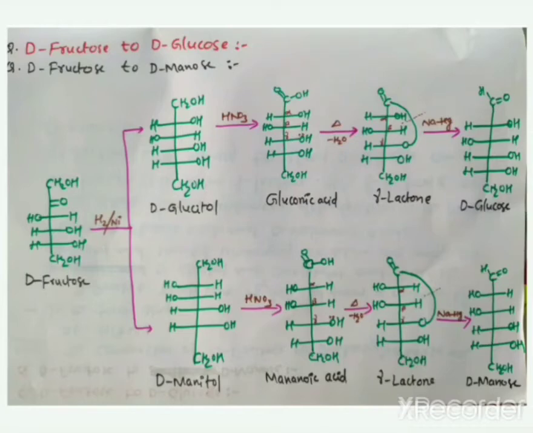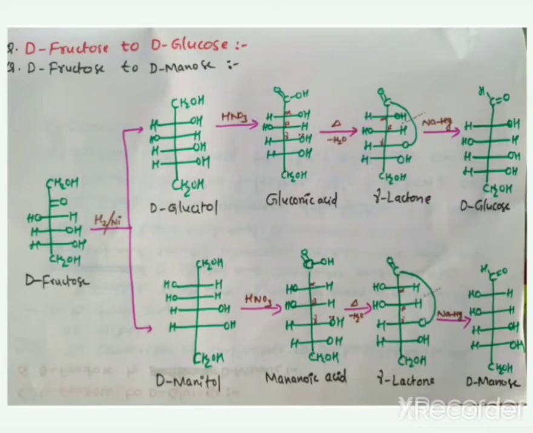The gamma OH and the H of the COOH interact to form H2O. This is the loss of H2O. A new bond forms between this oxygen and the C=O carbon. So gluconic acid undergoes dehydration in presence of heat to form gamma lactone.